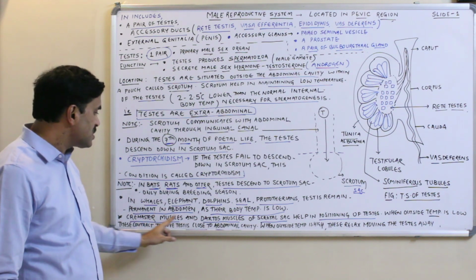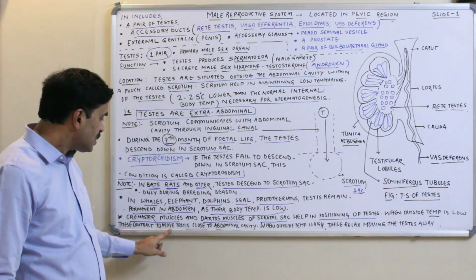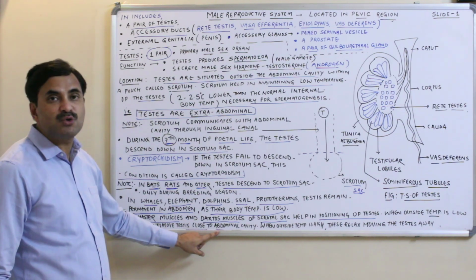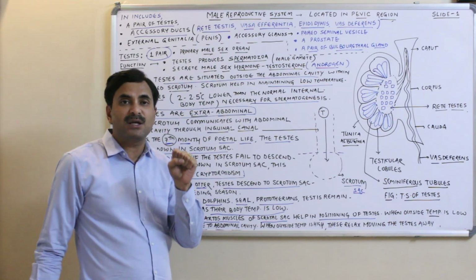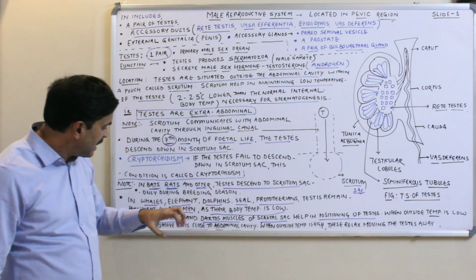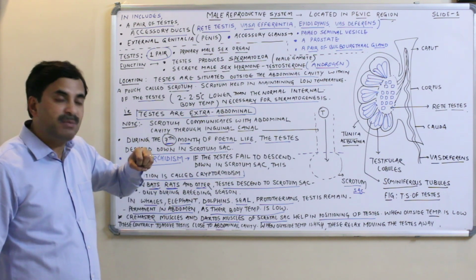These muscles, cremaster muscles and dartos muscles, will contract to move the testes close to the abdominal cavity. These muscles contract during the winter season or low temperature, so the testes move close to the abdominal cavity.